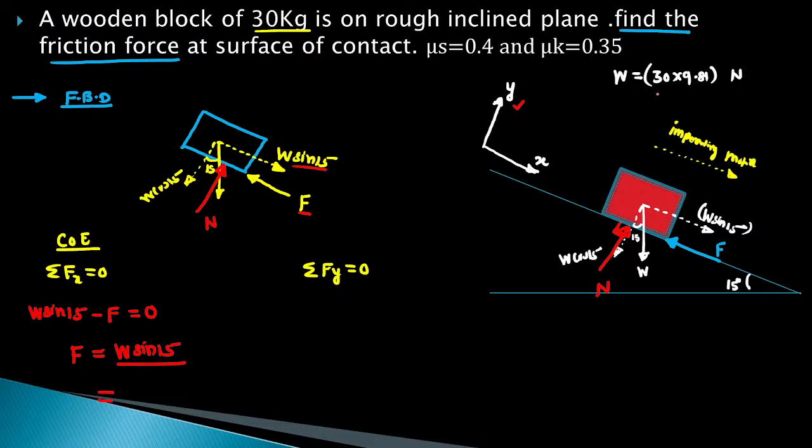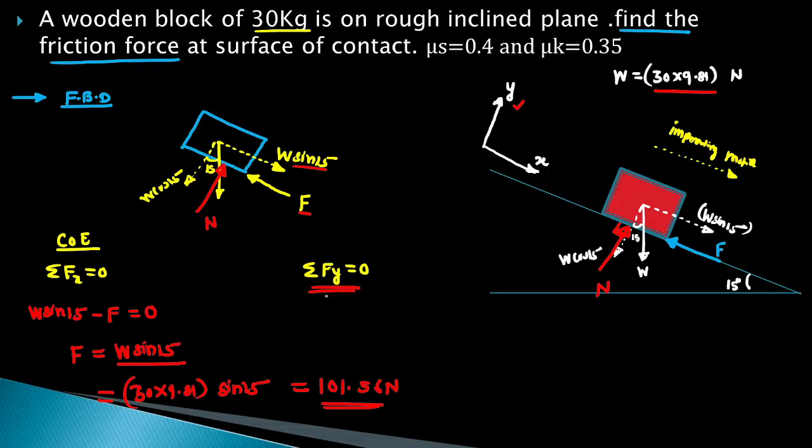W is given as 30 into 9.81, into sin 15. So you will get the frictional force as 101.56 Newton. No need to consider summation Fy.